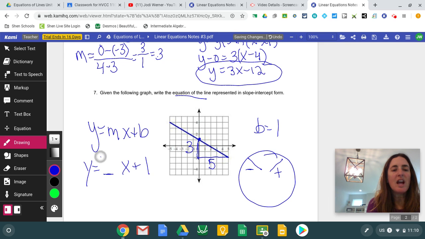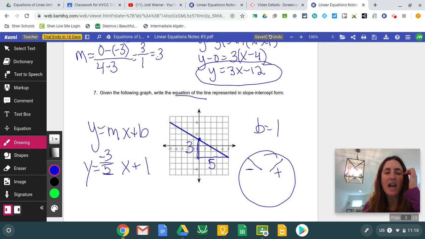So this is really a -3/5 for my slope, because the rise is actually going down. So it's down 3, right 5. And remember, straight up and down, undefined, straight across is 0.